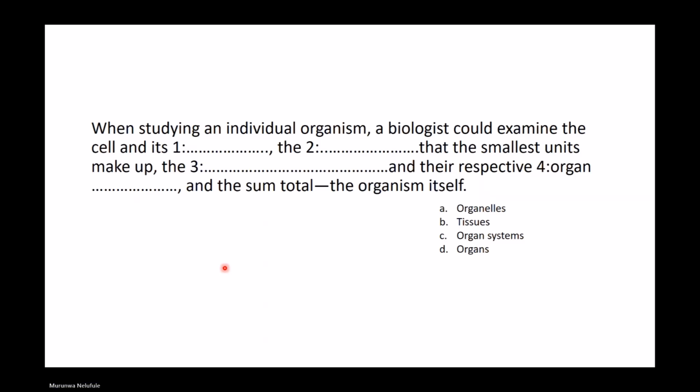When studying an individual organism, a biologist could examine the cell and its organelles. Yes, you're correct. Continue. The tissues that the smallest units make up, correct, organs, and their respective organ systems, and the sum total, the organism itself.